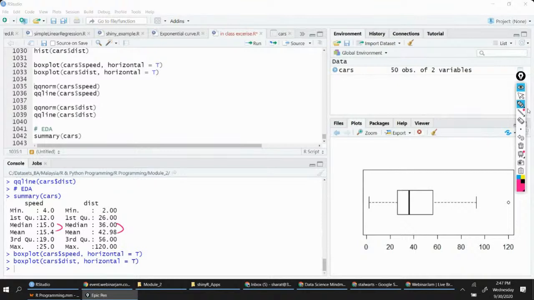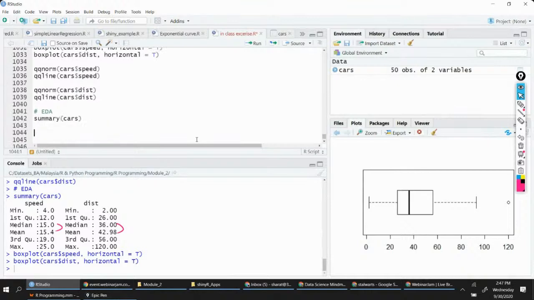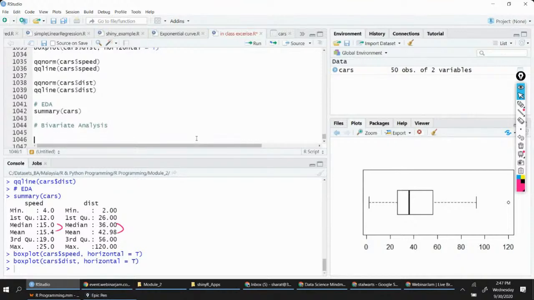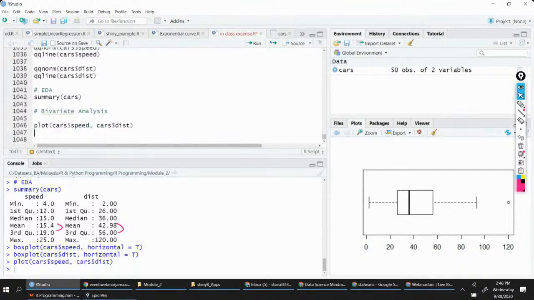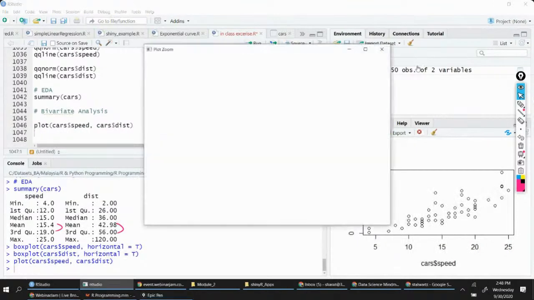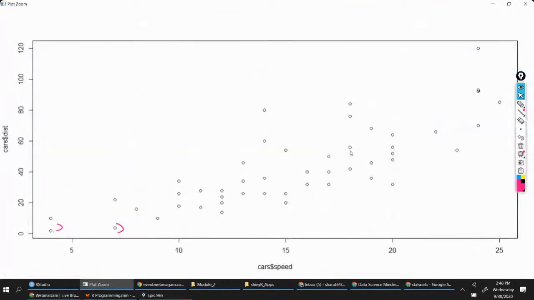Now we come to bivariate analysis. As part of this, we come up with scatter. So I'll take speed on x-axis, distance on y-axis. This is your scatter diagram, and we have to interpret it.